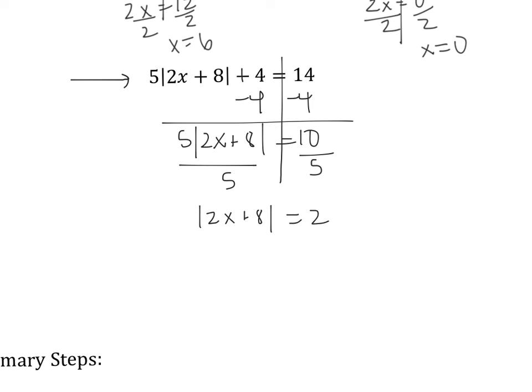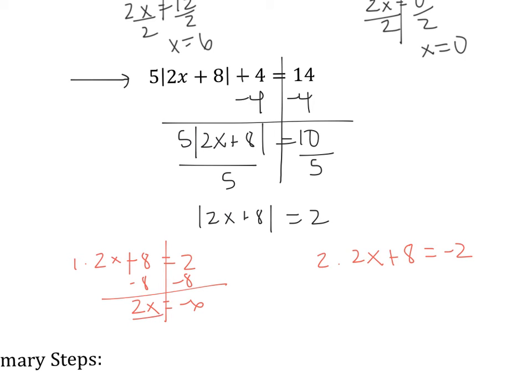So the absolute value of 2x plus 8 equals 2, and I'll write my two cases. The first is, as I see it, dropping the absolute value symbols, and the second case is 2x plus 8 equals negative 2. Now I'll go ahead and solve both of these equations. Subtract 8 right away, and 2x equals negative 6. Divide by 2, so x equals negative 3 for the first equation.